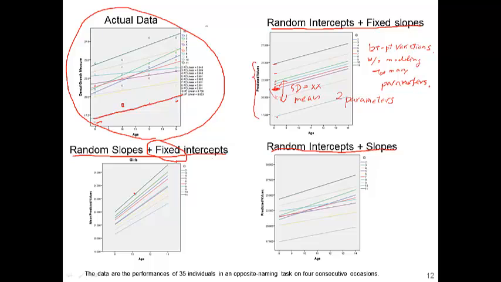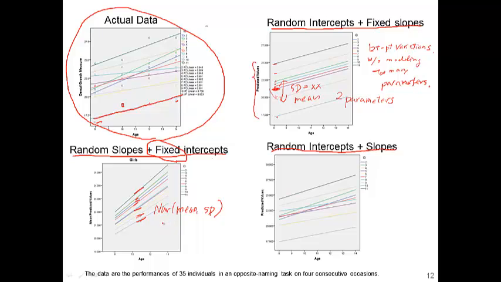You see this slope is slightly different from this slope, and all the slopes are slightly different. So we are telling SPSS to consider these slopes randomly distributed from a normal distribution where the mean and standard deviation are estimated from the data.